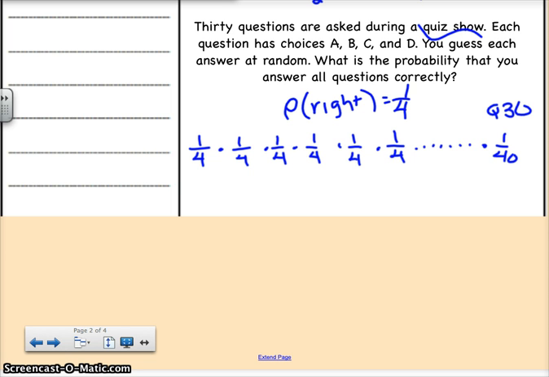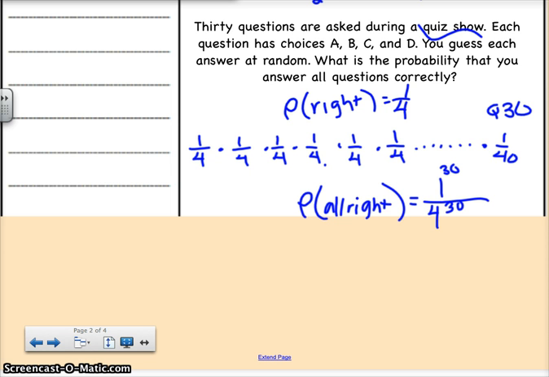Now notice what happens. 1 times 1, that's 1 squared, 1 cubed. 4 squared, 4 cubed, 4 to the 4th. Do you agree with that? So the probability that they are all right is going to be 1 to the 30th, because I'm multiplying 1 by itself 30 times, over 4 to the 30th.